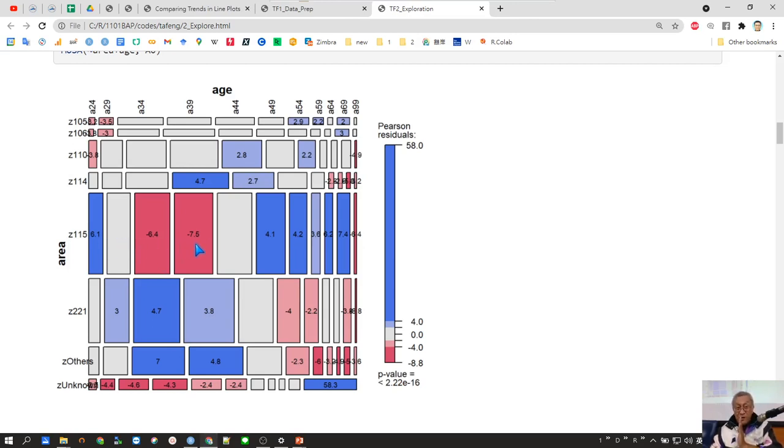Besides the size, it also has a color, right? Now, what you really need to know is what the color means.